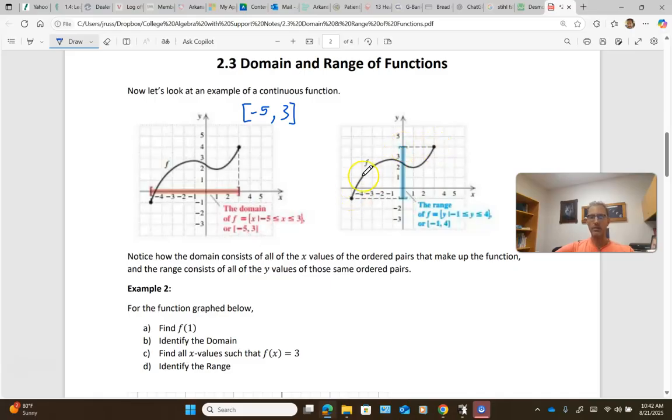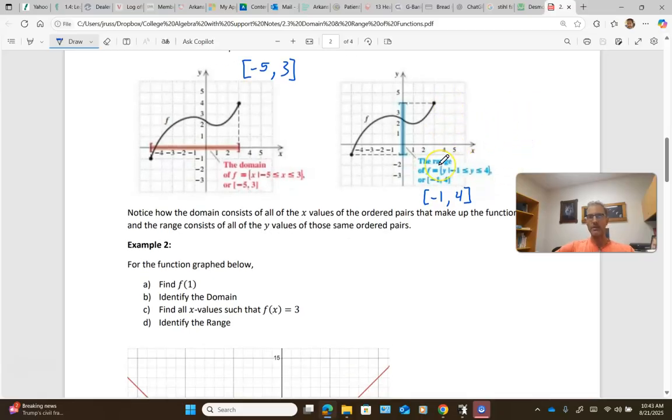All the other points on this function have y-coordinates somewhere between -1 and 4. In interval notation you would list it like this: it goes from -1 to 4. Again, we are including those 2 end numbers because those 2 endpoints are included. They're part of this function.